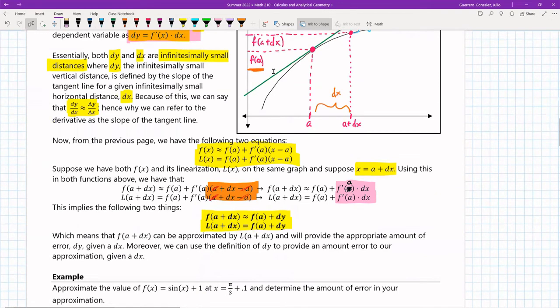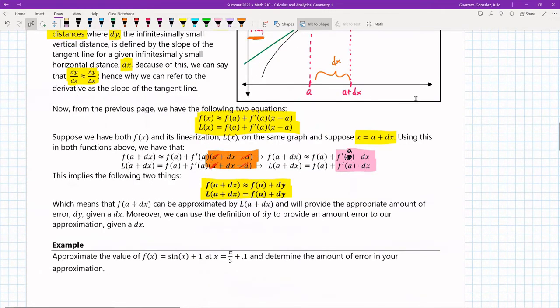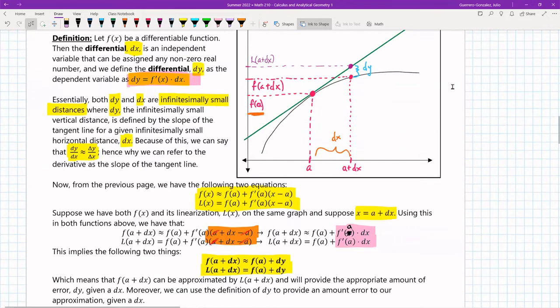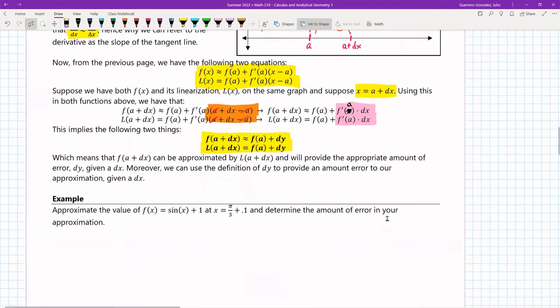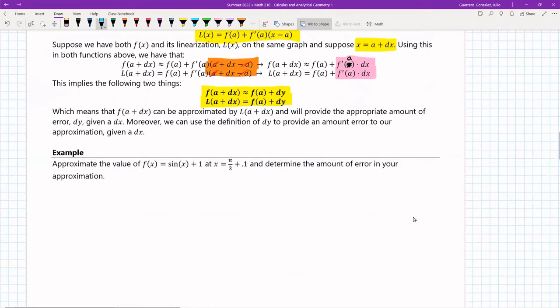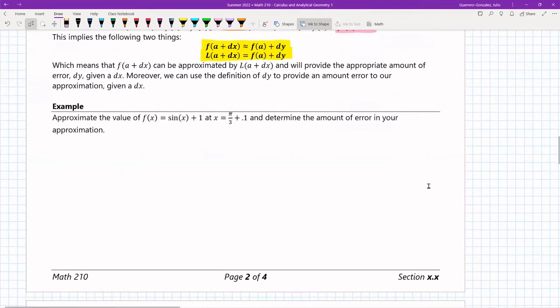That's what we got. So now, why are we looking at this? So it turns out with all of this, we can go ahead and compute an error. How far off is our answer? Okay, that's what we can do. We can compute how far off an answer is, right? And more importantly, we can go ahead and use our approximation to find values that are close by.